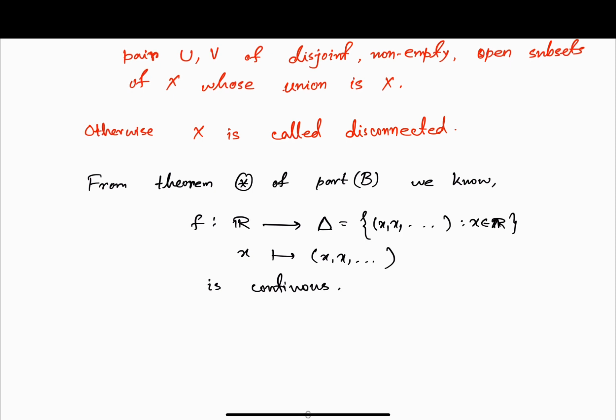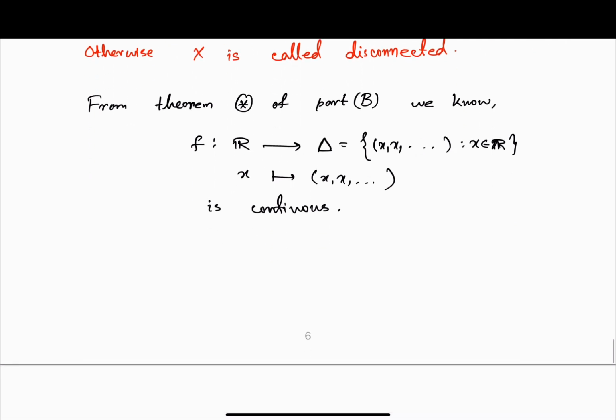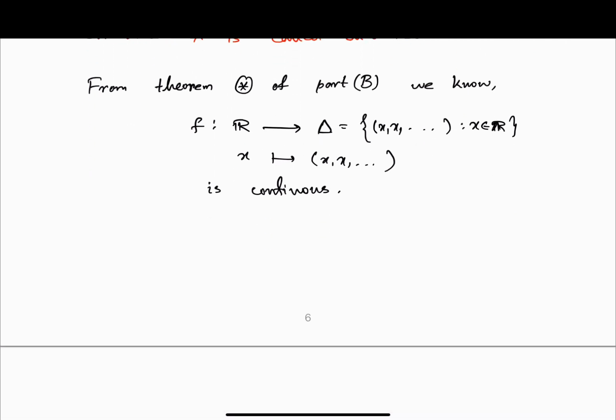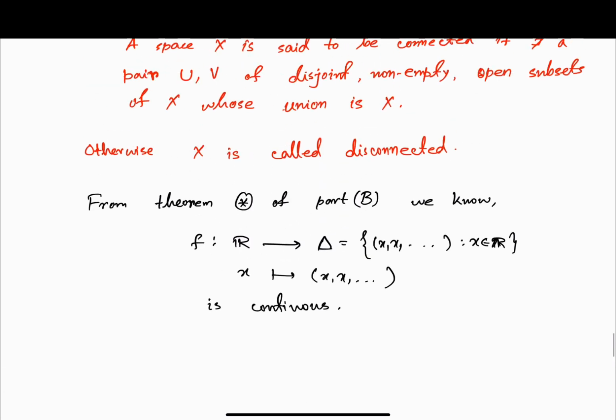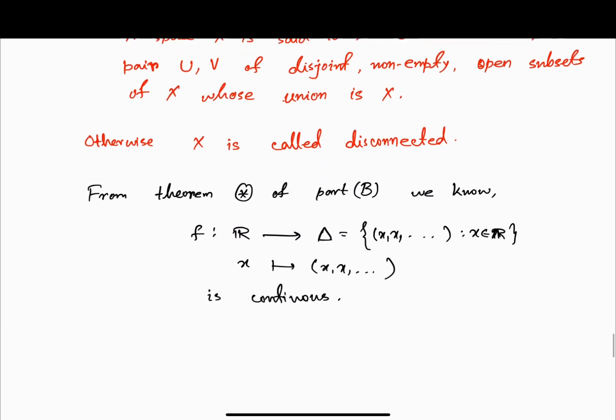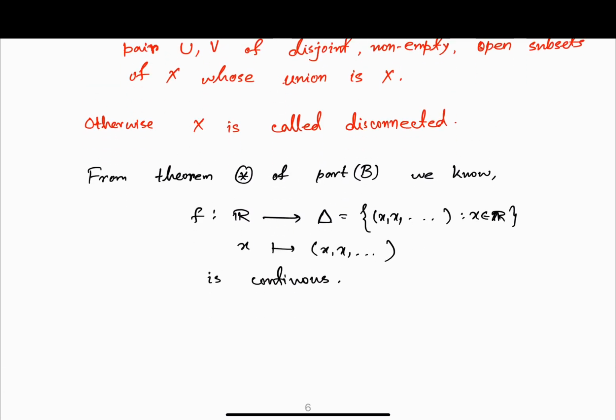Right, so we know f is continuous. And delta is basically the image of R.